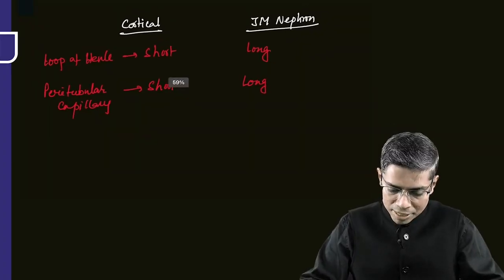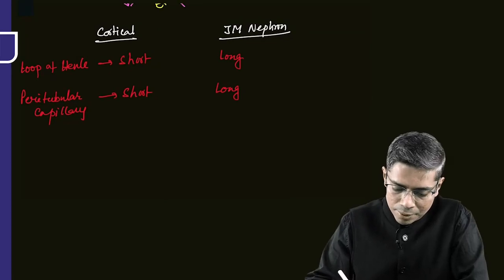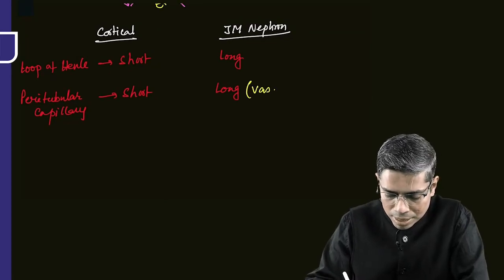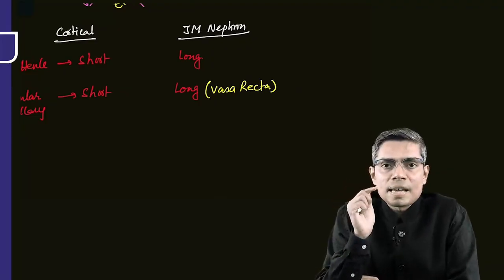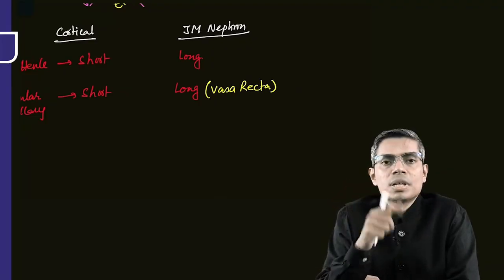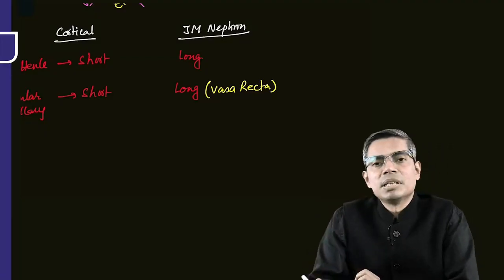This long peritubular capillary loop in case of juxtamedullary nephron is also known as vasa recta. Very important information for your MCQ. So the peritubular capillary loop which is present surrounding the juxtamedullary nephron is very long and enters deep inside the medulla.